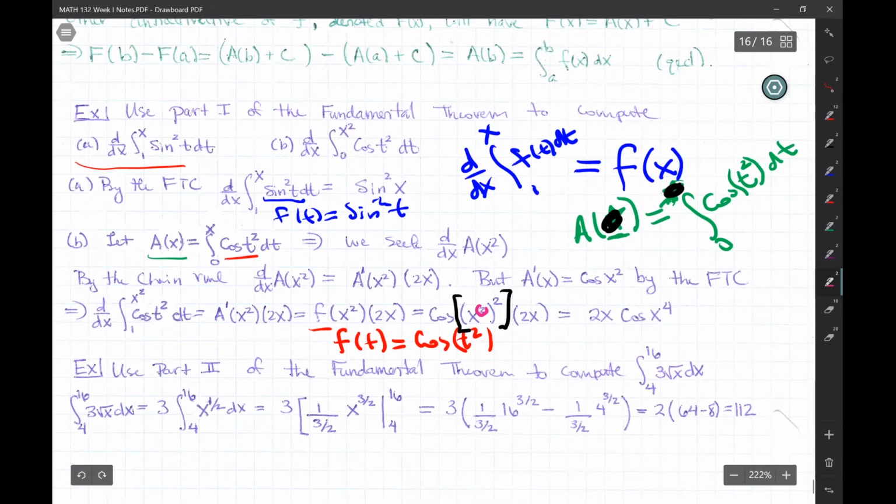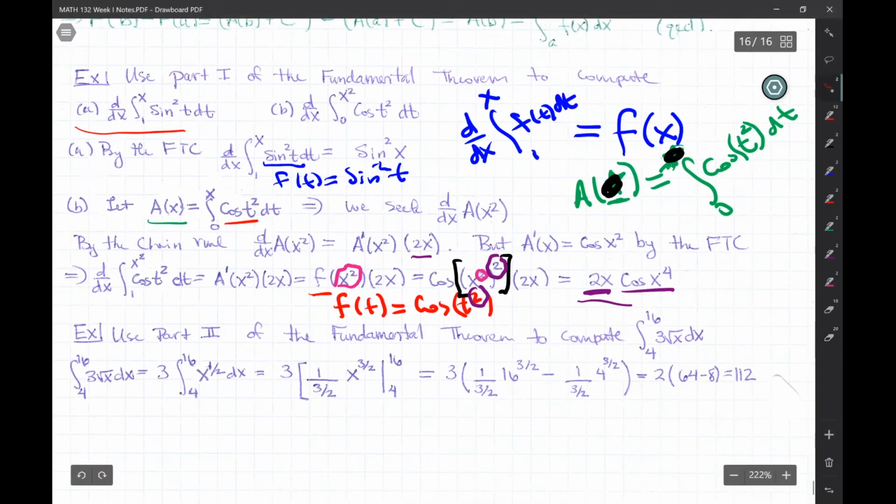Well, this x squared just came from this guy here, and the other squared there came from that squared here, in the original function, okay? Ultimately, you'll get cosine of x to the power 4 times the derivative of the inside function, which was 2x, okay? And that is how we could use the first part of the fundamental theorem in an interesting way.